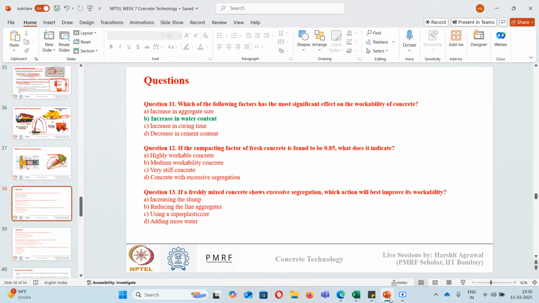So compacting factor is W1 by W2. W1 is the weight when we have just poured the concrete inside the cylindrical mold after two falls, and W2 is the amount of concrete after we vibrate and pour additional concrete to level till the top. So that ratio is given as 0.85.